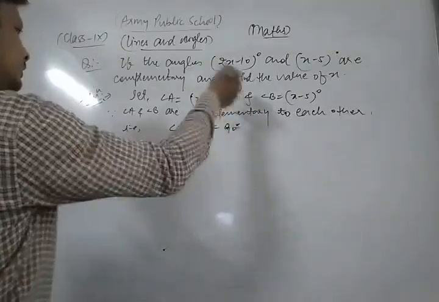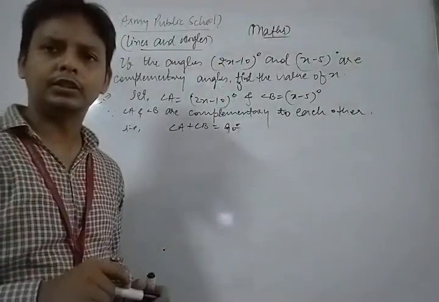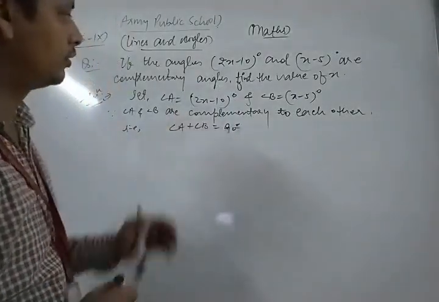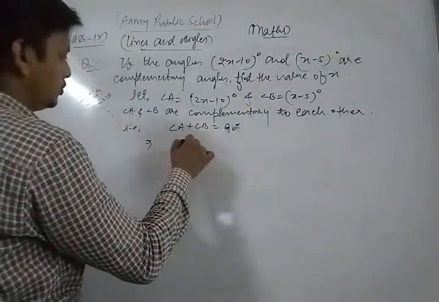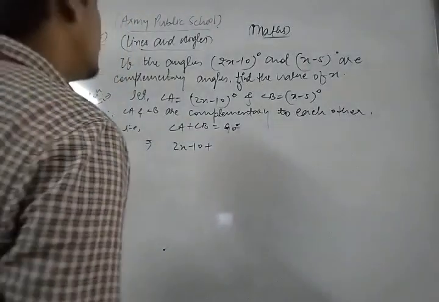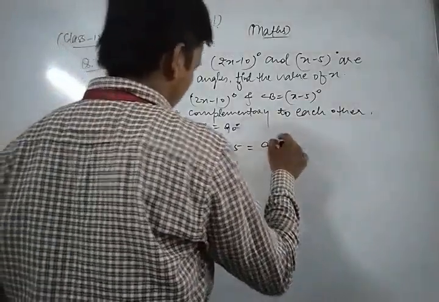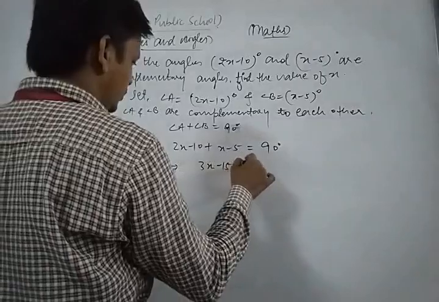You know that if two angles are complementary to each other, then their sum of measures is 90 degree. Now we put the value of angle A and angle B. That is, we get 2x minus 10 plus x minus 5 is equal to 90. From there, 3x minus 15 is equal to 90 degree.